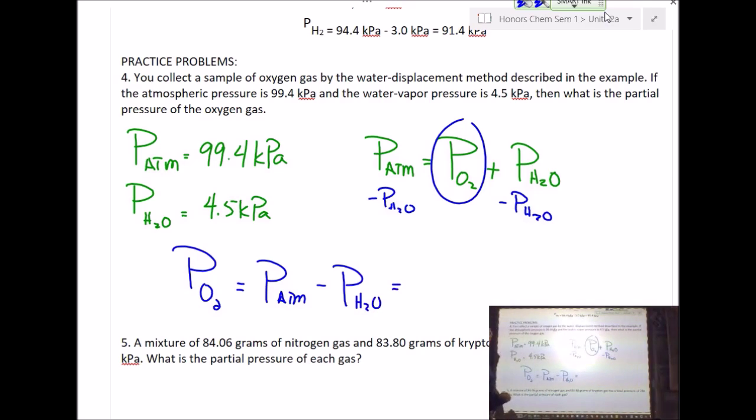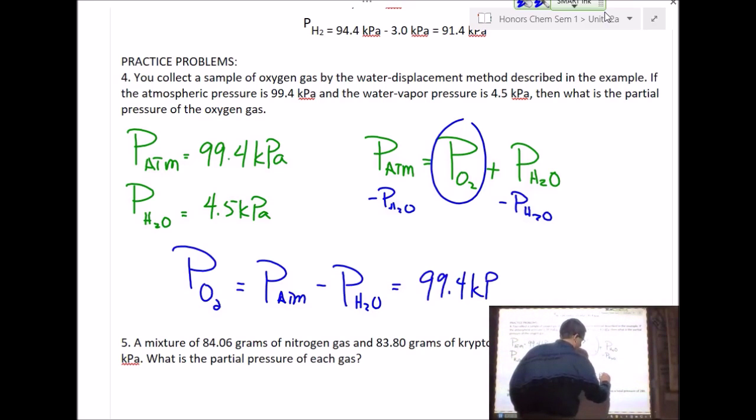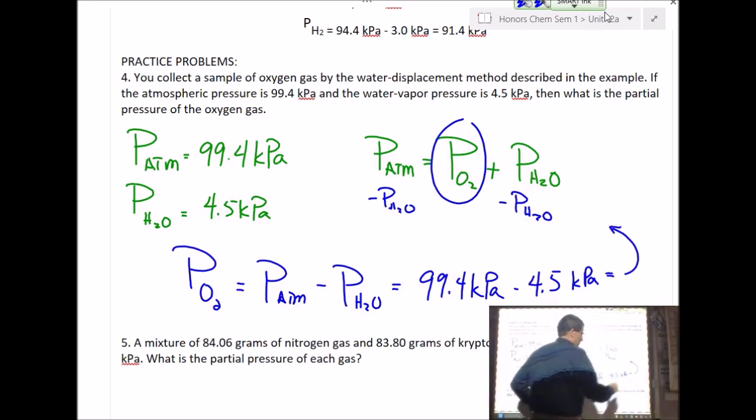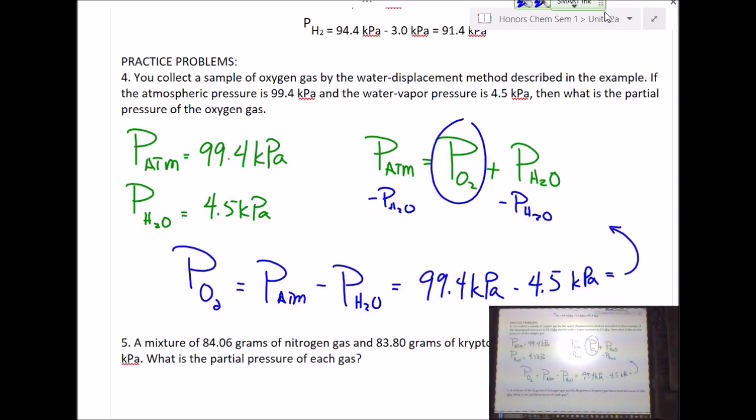And then we plug our numbers in, which is 99.4 minus 4.5, and get a number. Don't make this harder than it needs to be.